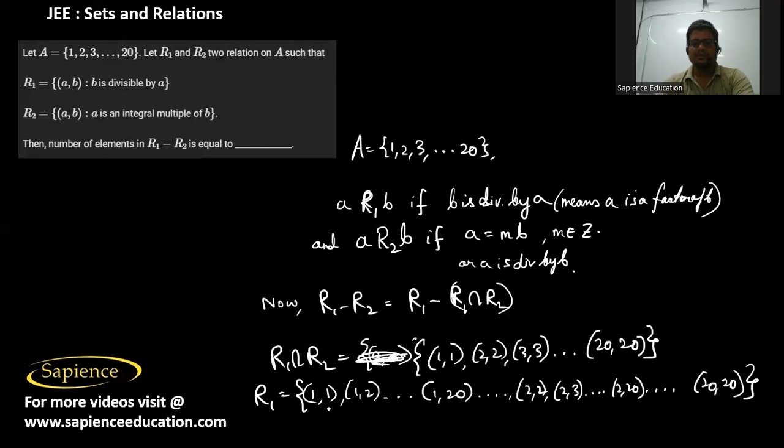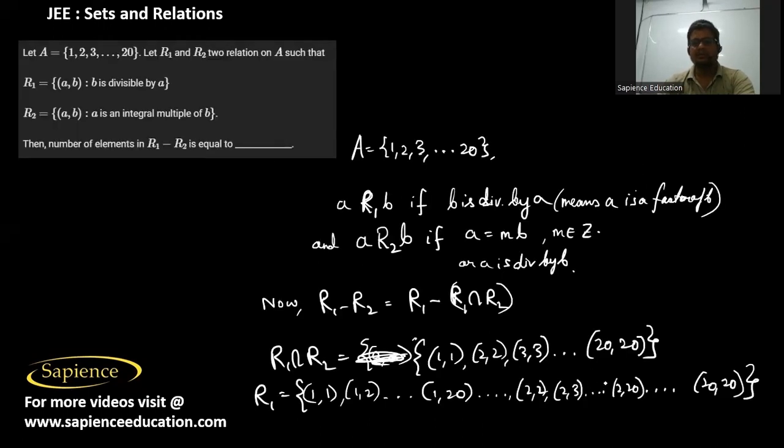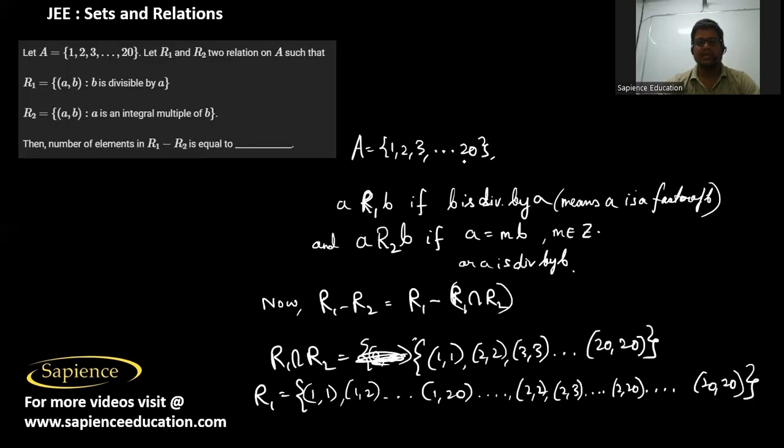So now the number of elements in the relation R1 will be equal to, so 1 is related to every element. So for 1 there are 20 elements. For 2 it is related to all the numbers from 2 to 20 except 1, so there will be 19 elements. For 3 again there will be 18 elements. So like this it will go till 1, since 20 is related to 20 only.